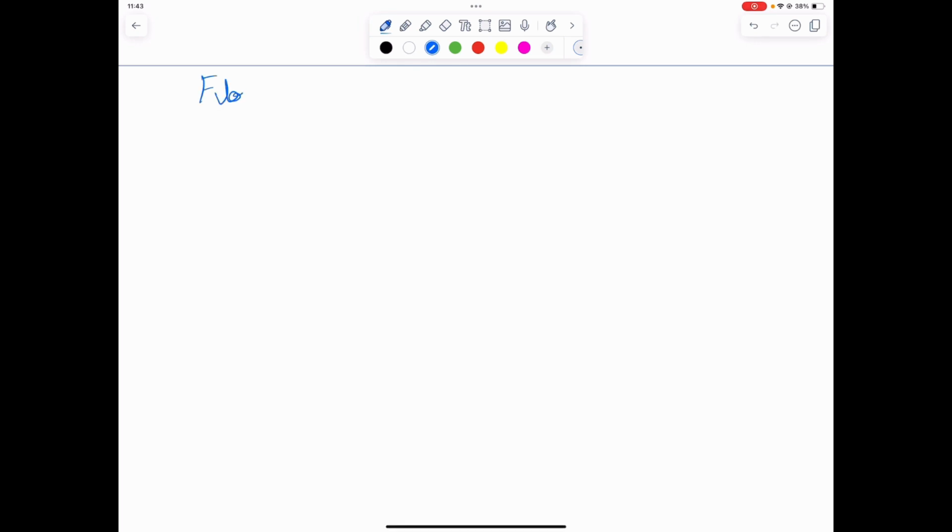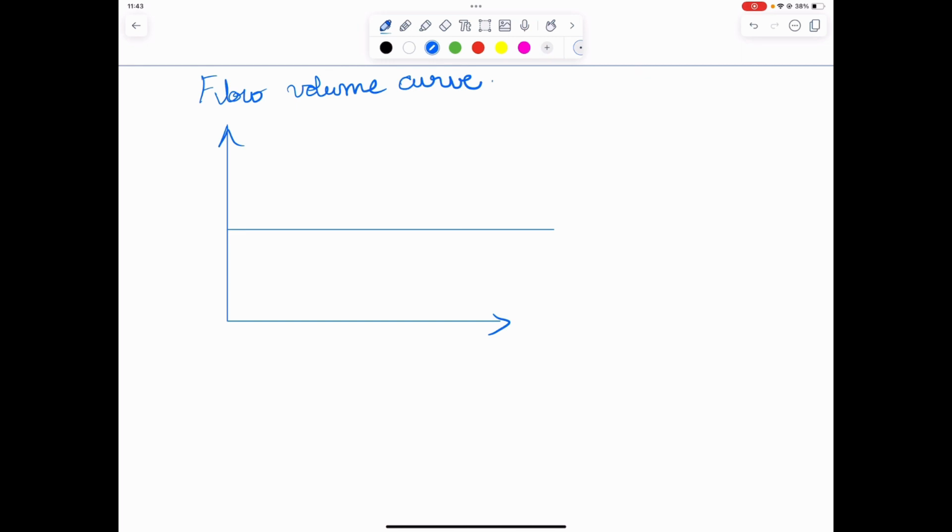In flow volume curves, often there is misunderstanding. First you understand what the markings are, then automatically you will be able to understand the flow of air through it. Remember that this is this. Now this is showing the expiration portion and this is showing the inspiration.